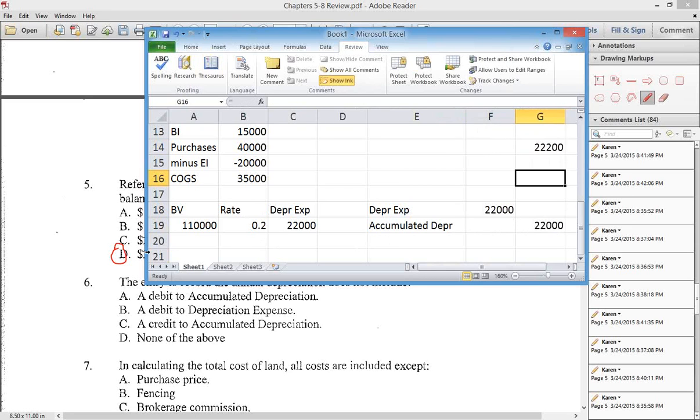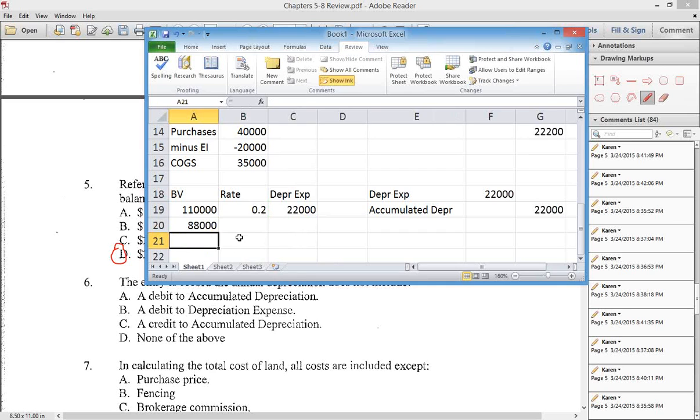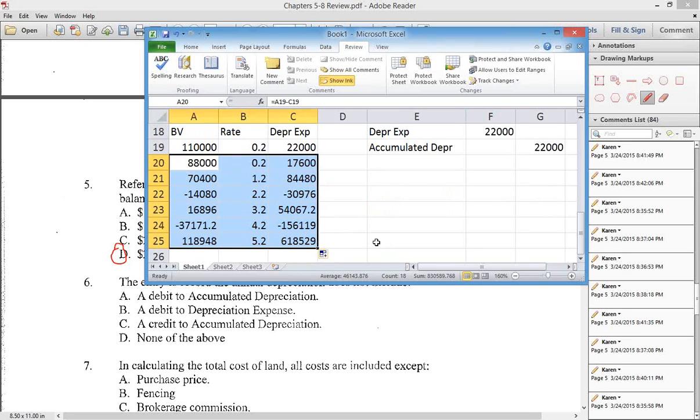If I were going to continue this, I would then need my new book value. My new book value is going to be the cost minus the depreciation from that year, times the 0.20. So year 2, it's 17.6. And I can continue this down.